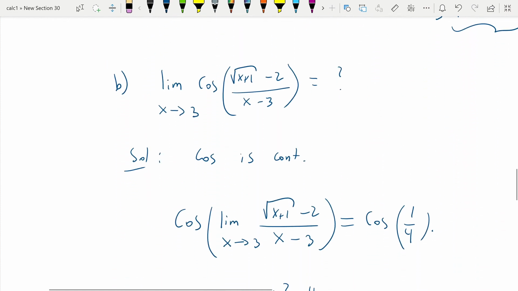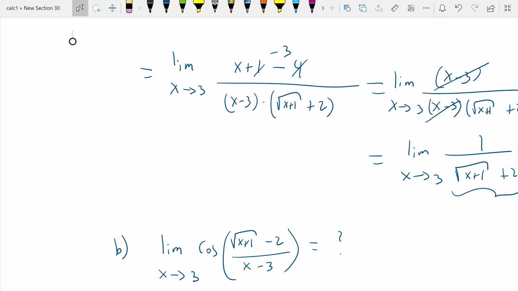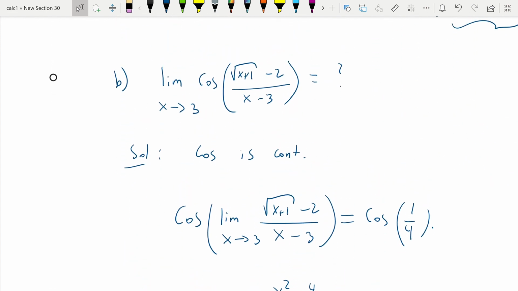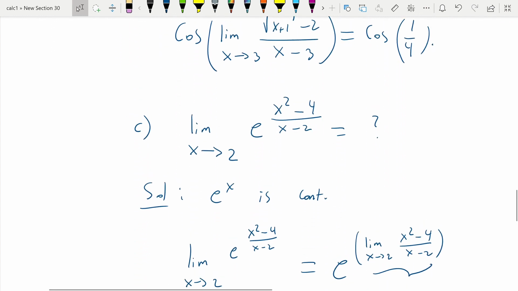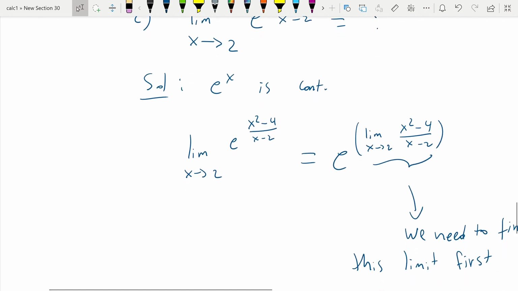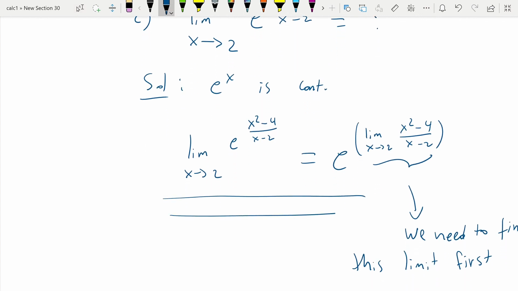Then another thing is this kind of application, when you're asked to find the limit of a continuous function like cosine or e to the something. This is an application of continuity where you can just bring the limit inside the function, like we did in here. So this limit of e to the something became e to the limit.